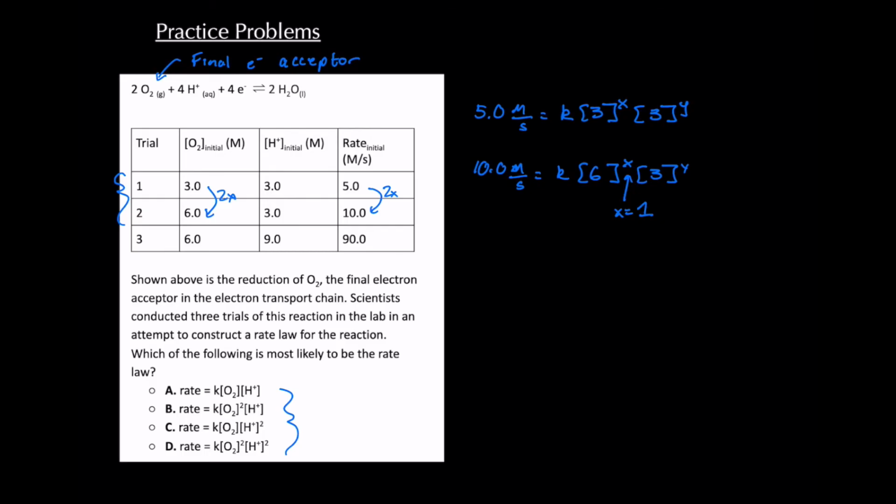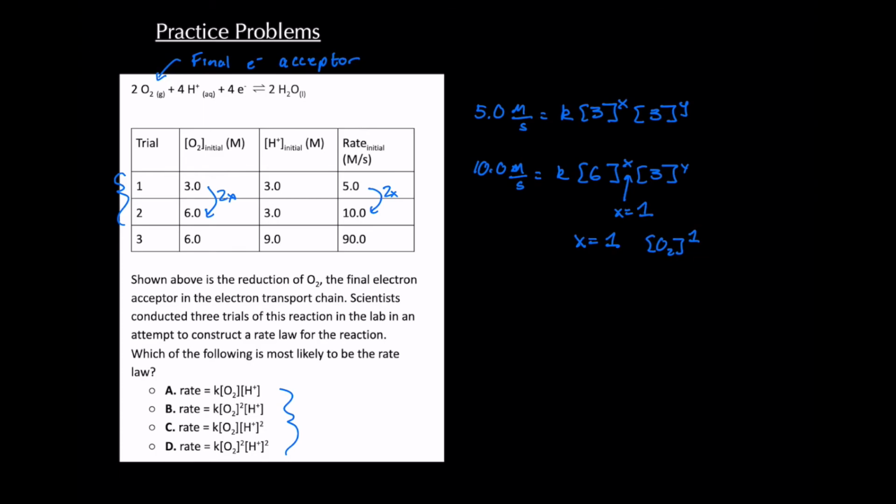If x was equivalent to 0, the rate wouldn't change, and if x was equivalent to 2, the rate would actually quadruple, because 2 squared is 4. So that would quadruple our rate. So we found x. So x has to be equivalent to 1, which means our exponent for O2 has to be 1 in our rate law.